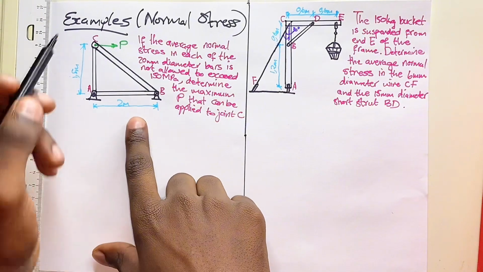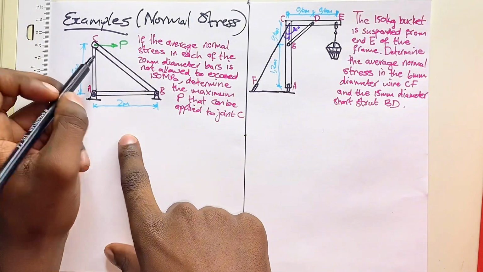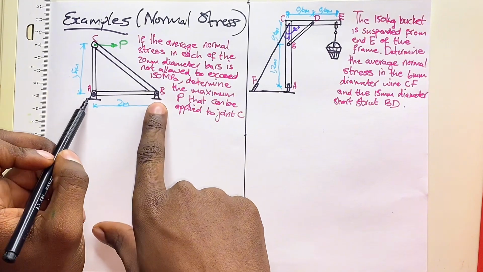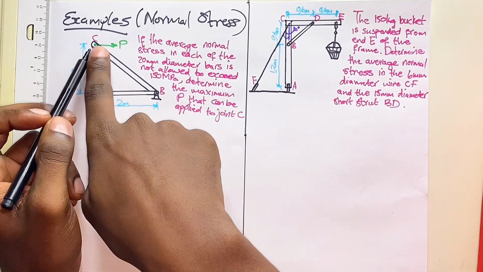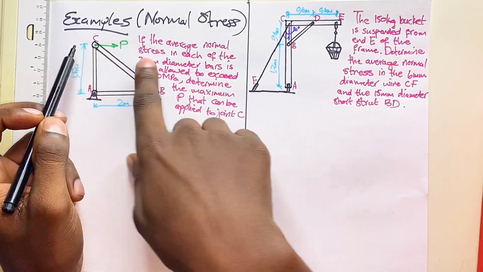Now the first one, we have a truss here with three members, member A, B, and C. Now they have pin connections and there's a force here, force P, that is acting to the right.